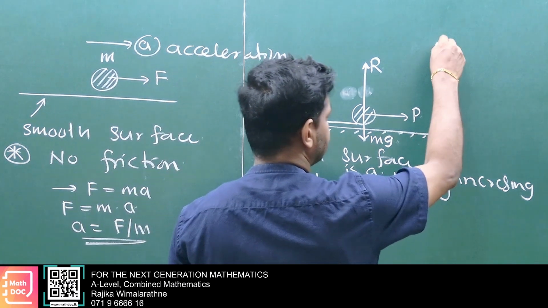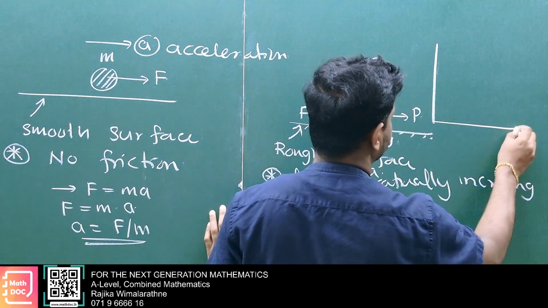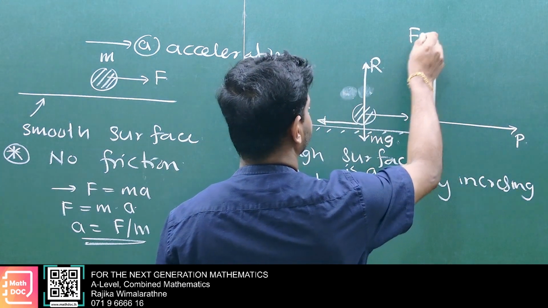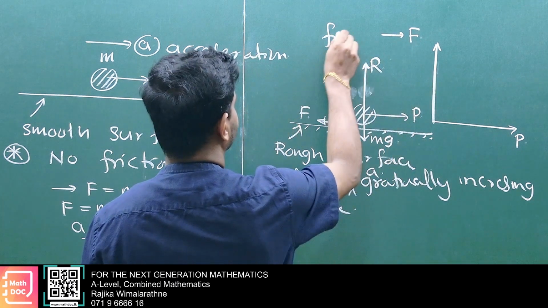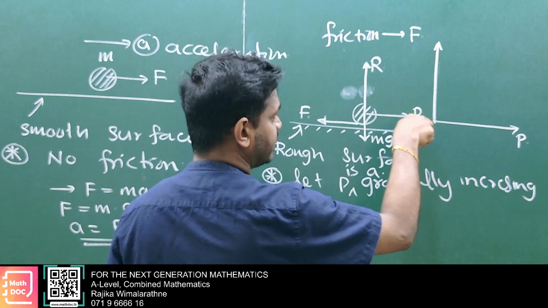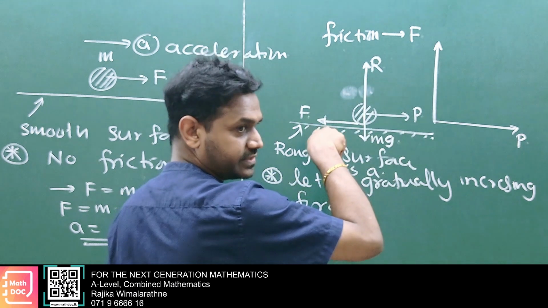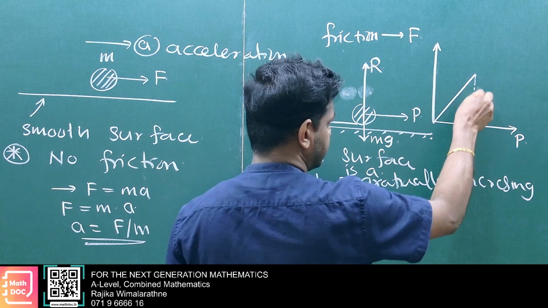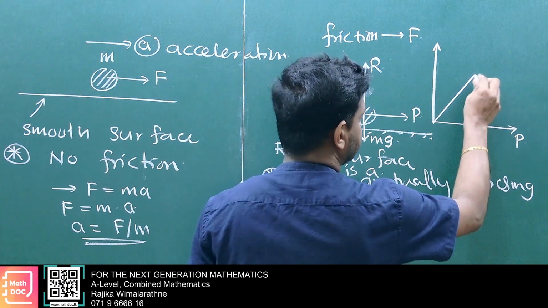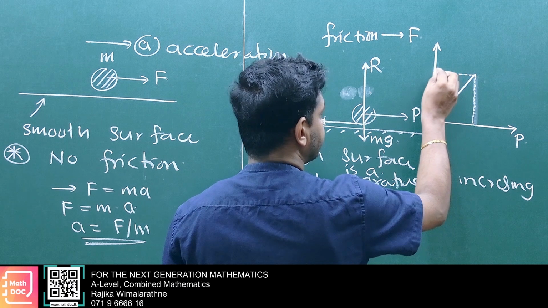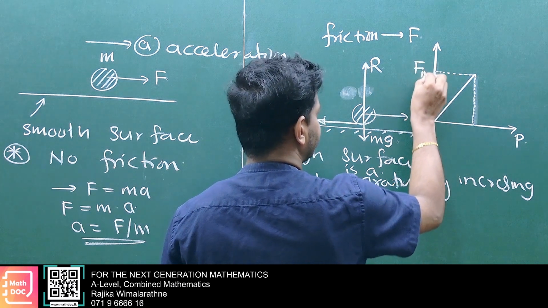Then consider the given force P and the frictional force F. For some instant the given force equals the frictional force, so friction is proportional to the given force. At this instant we call it maximum friction.